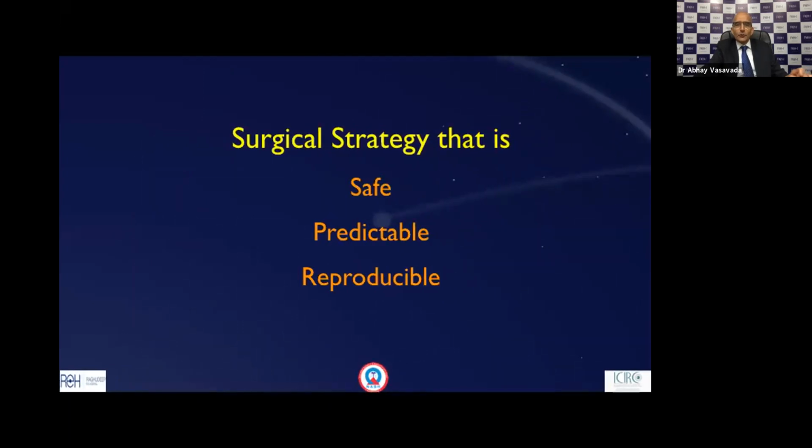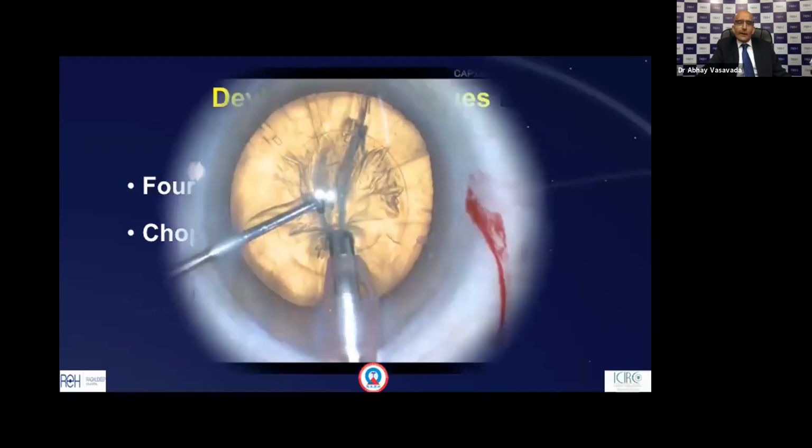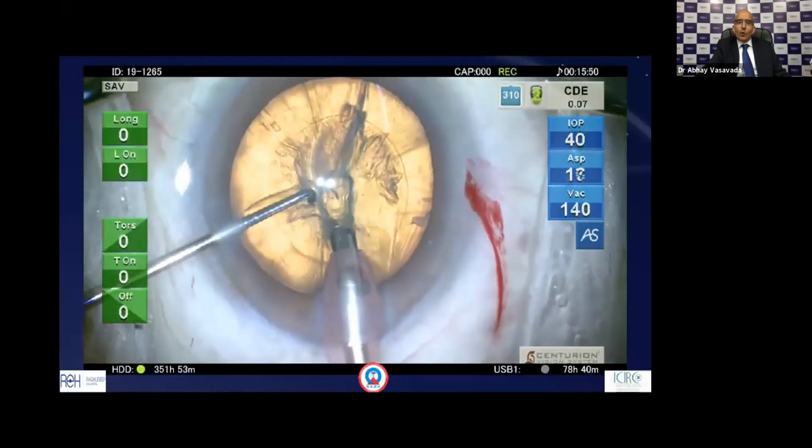Whatever you do, make sure it's reproducible in your hand, it's predictable every second of the procedure, and obviously at the end very safe. Principally, in a simplified way, there are two ways to remove the nucleus, doing a 4-quadrant technique, or a sculpting, as we call it, or chop technique, dividing with the help of a vacuum-based hold of the lens.